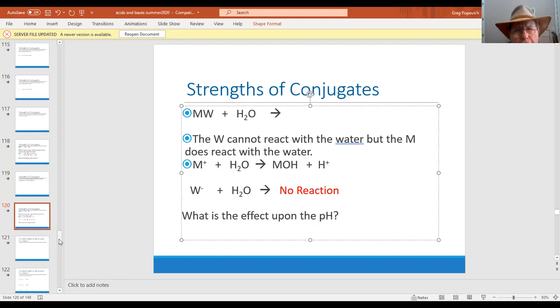Work on pHs and converting them back to pOHs. Work on the ICE diagrams. The extra homework will help, guys. You also need to realize that if I have two acids, the strongest acid is going to be the only one that's really going to generate the H3O+.